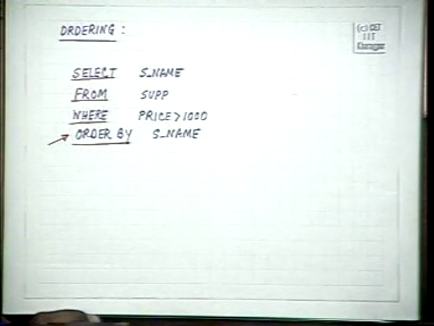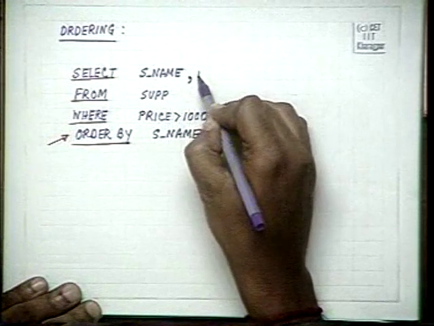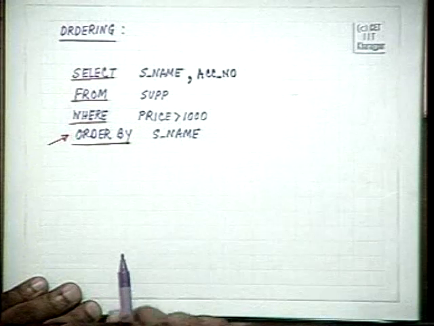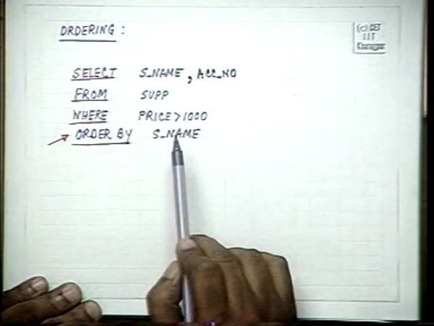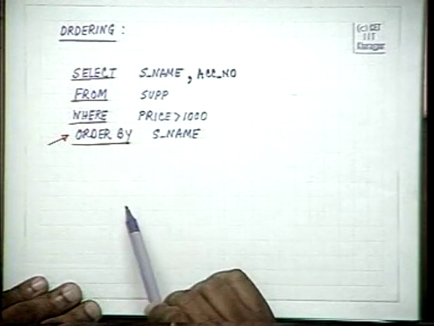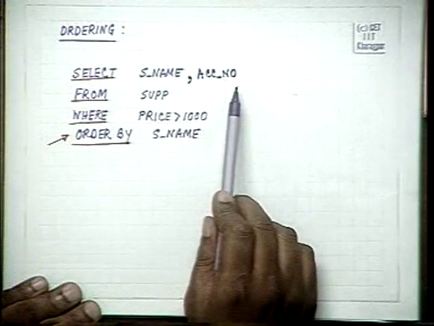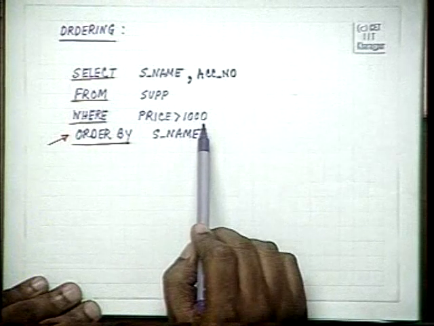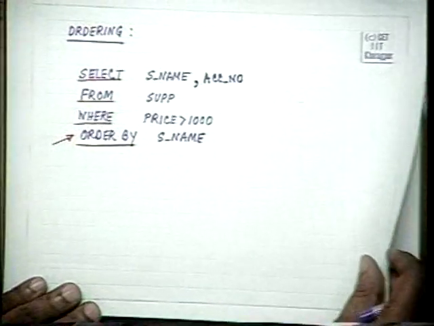This will give us only the supplier's name, ordered in the default ascending or descending order. We could have got more than only supplier's name. We could have got supplier's name and accession number and ordered it by supplier's name. So, it will give you the whole thing ordered by supplier's name, but it will give us both the attributes, supplier's name and accession number, from this where price is greater than 1000.